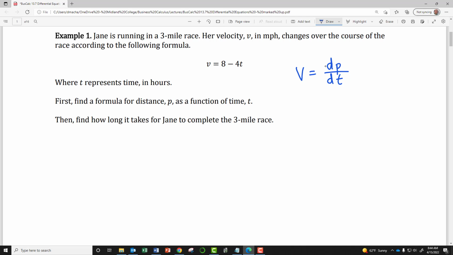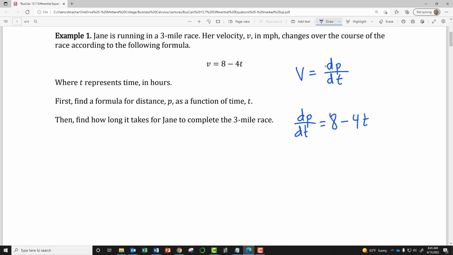Okay. So knowing this, I can rewrite that differential equation. So v equals 8 minus 4t, I can write dp/dt equals 8 minus 4t. And now it becomes obvious to us that this is a differential equation because I have a derivative in the equation.